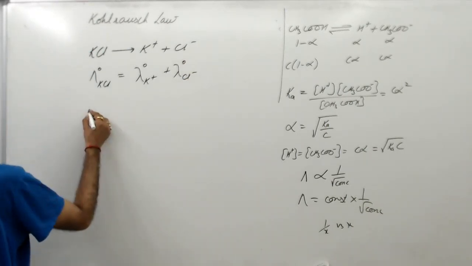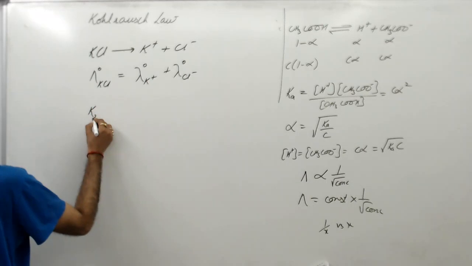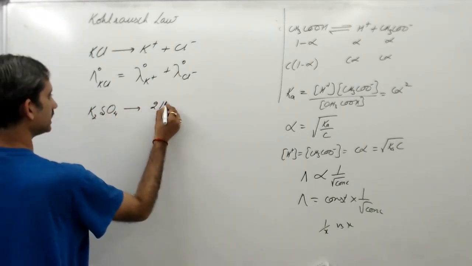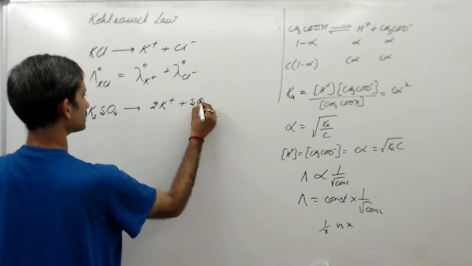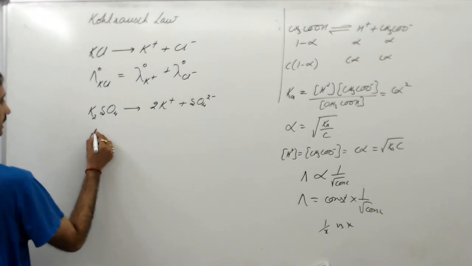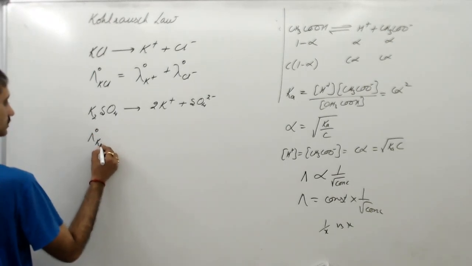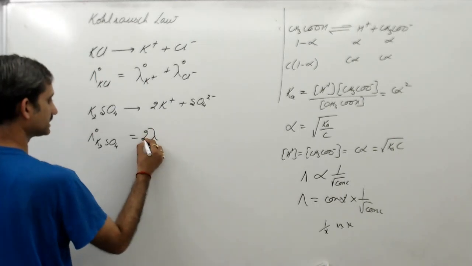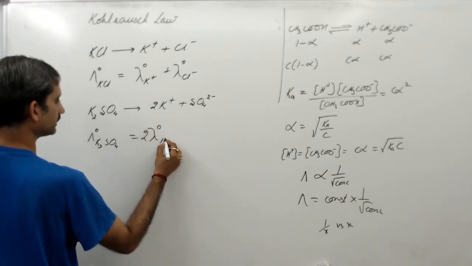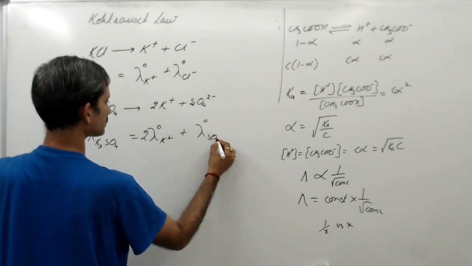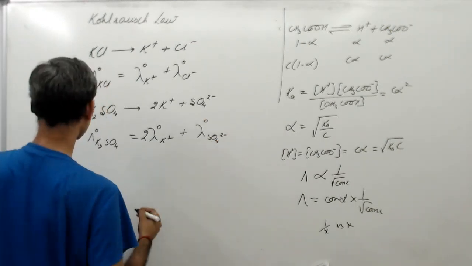In the same manner, if we have K2SO4, which gives us 2K plus and SO4 2 minus, then lambda naught of K2SO4 will be equal to twice the lambda naught of K plus plus lambda naught of SO4 2 minus.